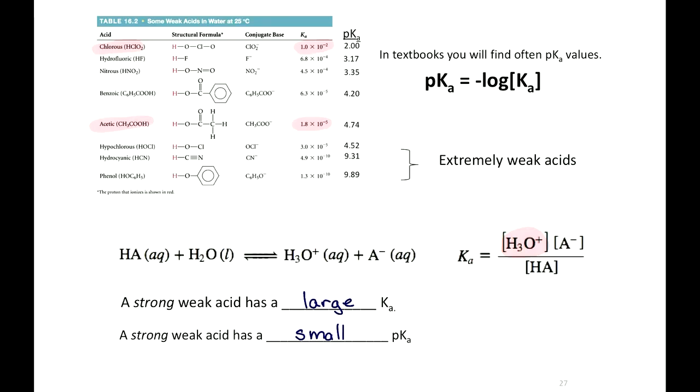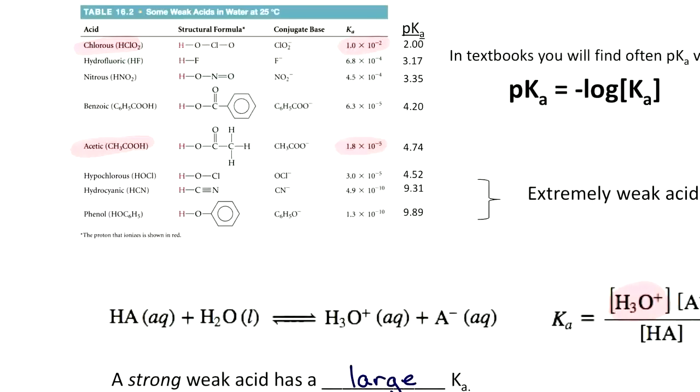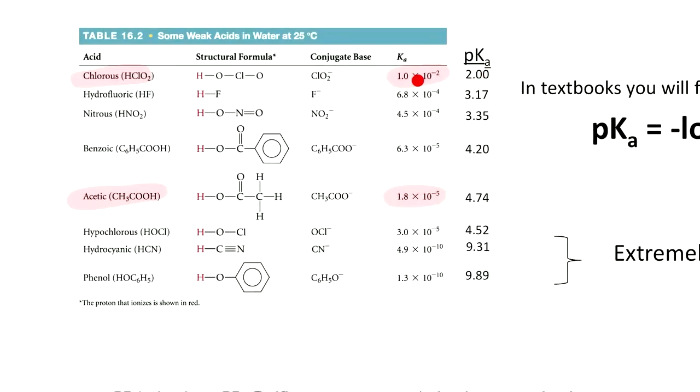That's what you see right here. So pKa is what you might look up in a textbook, but pKa values are just an easier way to represent these very, very small Ka values, where I just take the negative log of the Ka to report pKa instead.